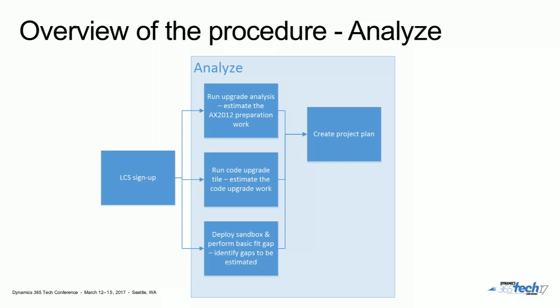It's looking for gaps in functionality that you're using that it knows don't exist in Dynamics 365 for operations, and all that kind of stuff. We'll go into it in more detail in a minute, but essentially run it against the AX 2012 database, and it will give you a bunch of tasks to help prepare the 2012 environment. Now, a lot of those tasks are proactive. It's not the case that you have to go and do a bunch of donkey work in the AX 2012 environment. We're trying to be proactive about it.